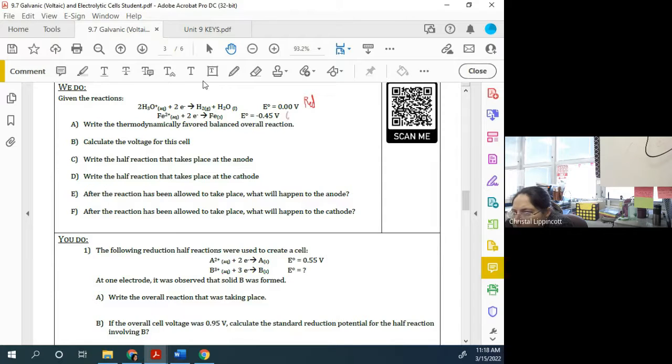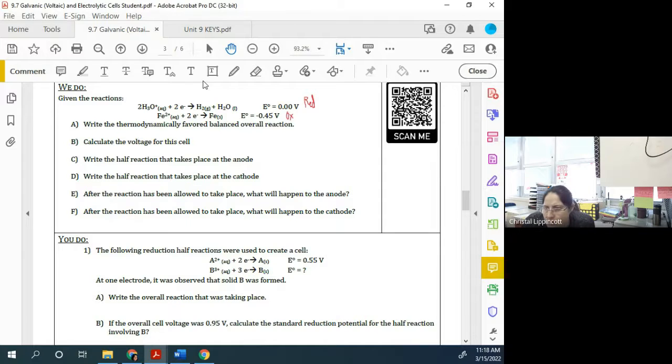This is where my oxidation is going to take place. Oxidation is loss, reduction is gain.